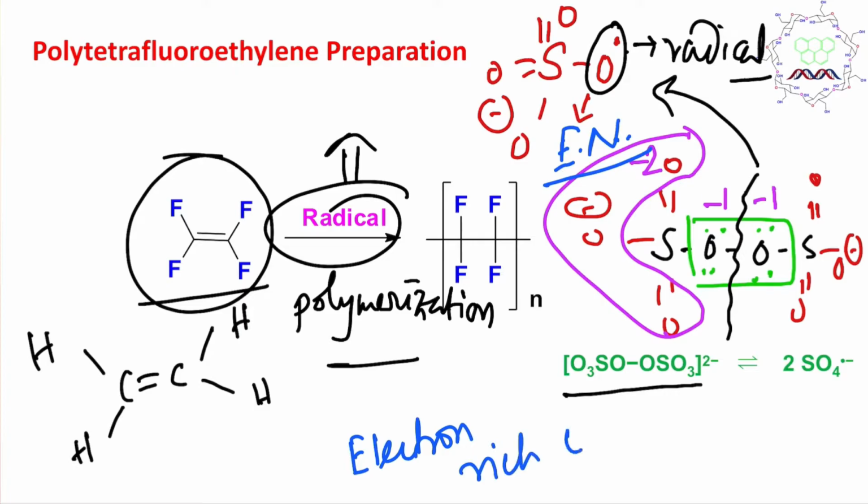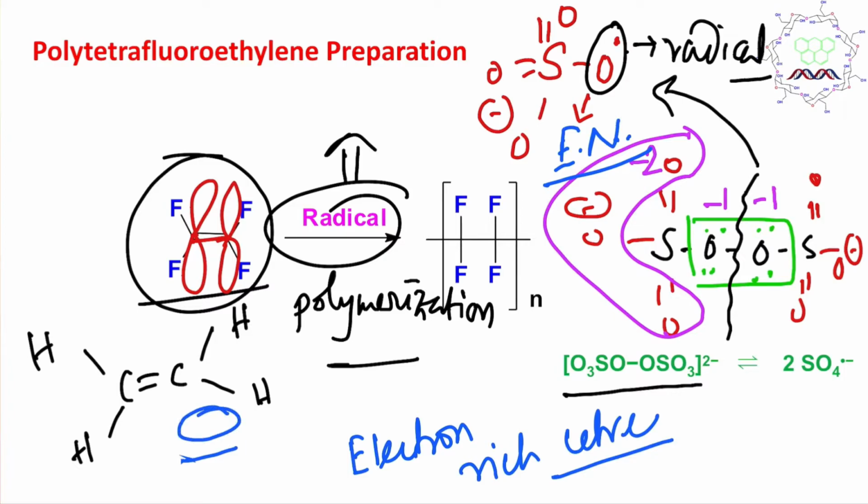Which center has more electron density? Obviously this bond, because this is actually a pi bond. Pi bond means the sidewise overlap of p orbitals, and if you look, the reality of the pi bond is like this. So there are 4 fluorines, and this is the cloud of pi electrons.